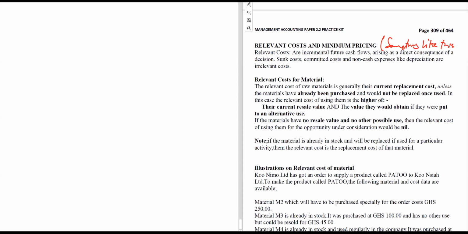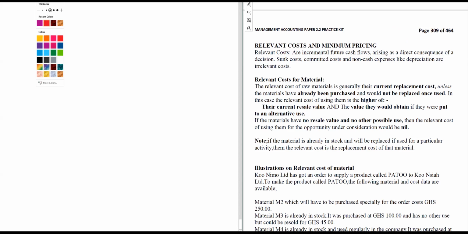This is where the real relevant costing is. This is where we do the proper relevant costing.